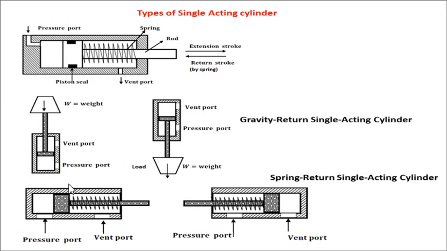Whenever you want to lift the load, the pressure port, that is the port from where the fluid enters the actuator, is situated on the piston side, whereas whenever you want to retract, the port through which the fluid enters the actuator is situated at the rod end. So you can easily see there is a difference between the areas of the piston, cap end and rod end.